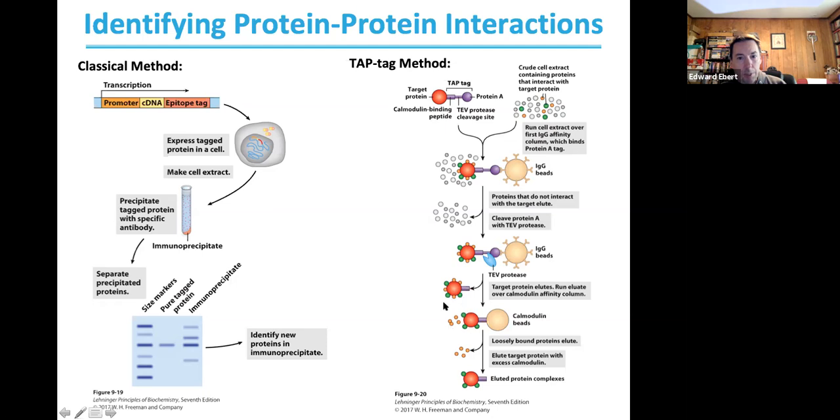And then our more tightly bound proteins, we can isolate over here as well. Okay, so we can figure out what our eluted protein complex is. So we can figure out loosely associated and tightly associated proteins through this dual process by virtue of having a nice little cleavage site in here that allows us to cleave off, in this case, our protein A.